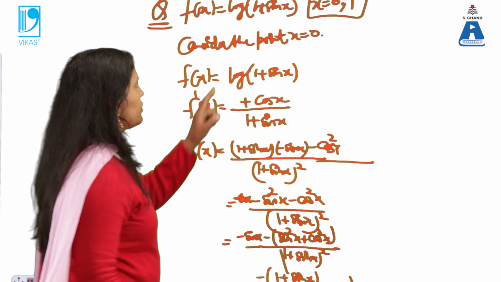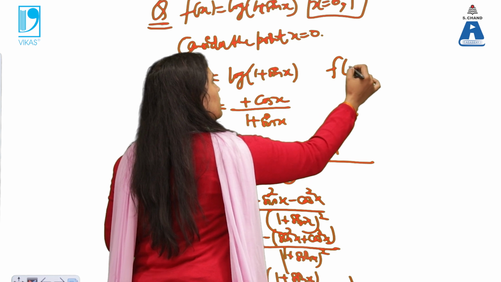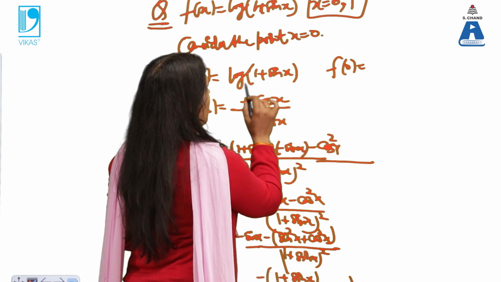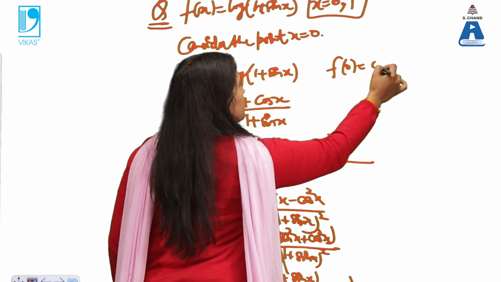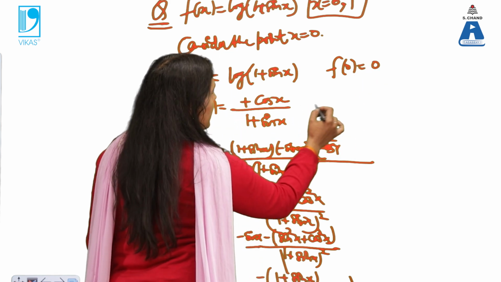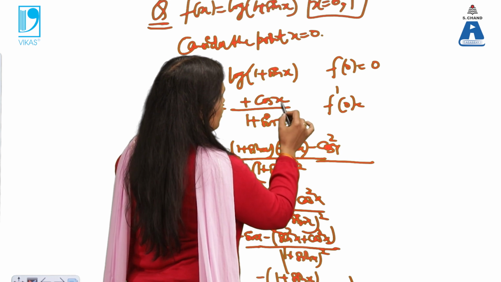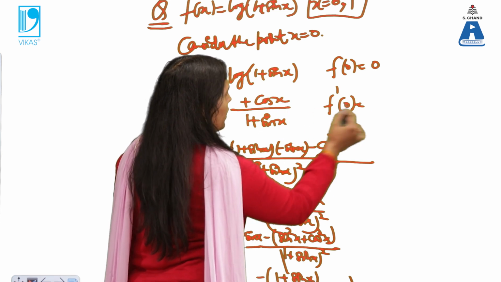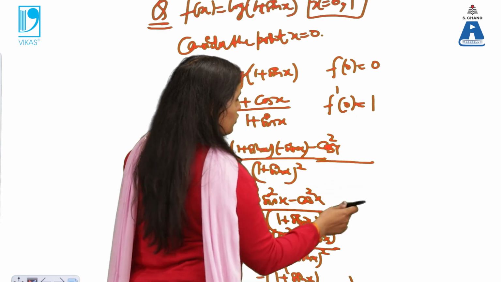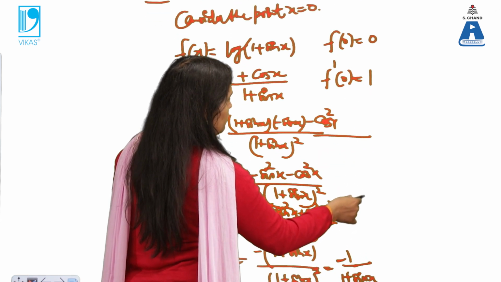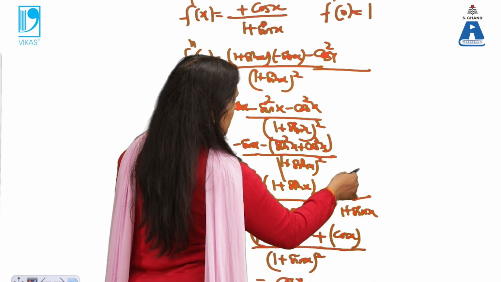So f0 means log 1 plus 0, log 1 is 0. Then f dash 0 I am writing. F dash 0 will be cos 0 is 1, sin 0 is 0, so it is 1. f0 is 0, f dash 0 is 1.